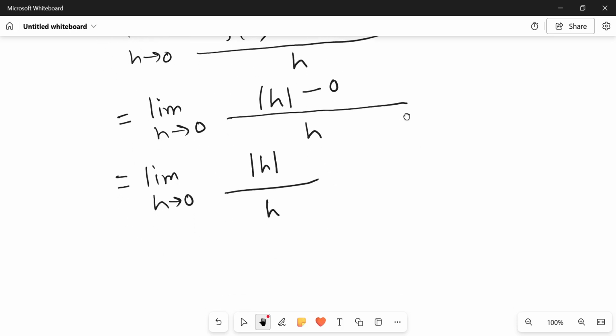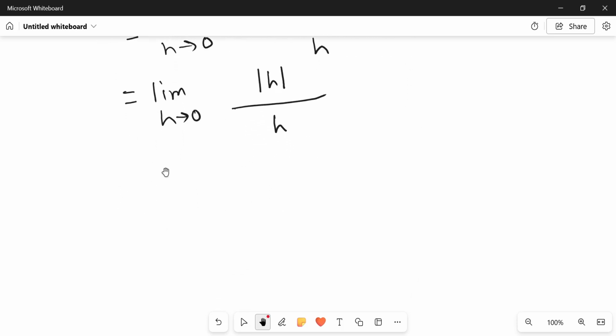Now we calculate the left derivative and the right derivative, because we have to calculate the one-sided limit here, because we know if the one-sided limits are equal, then the two-sided limit exists, otherwise it does not.